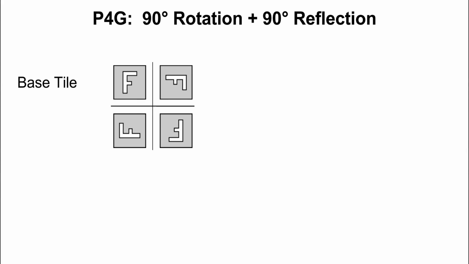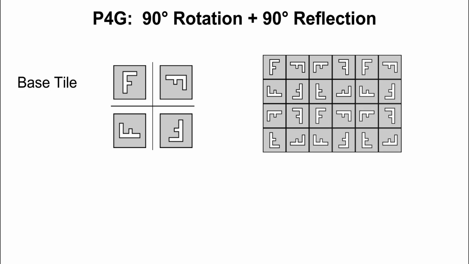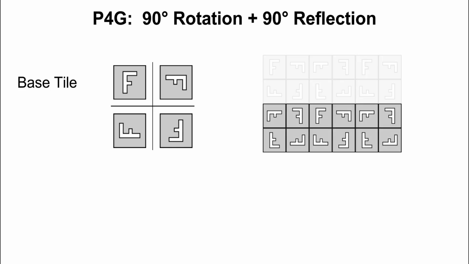P4G symmetry includes translation, 90 degrees rotation, and 2 reflections. If this is the base tile, then this is the pattern we get after 90 degrees rotation. If we mirror this block horizontally and vertically, we get the P4G symmetry. In this pattern, rows and columns work differently. For example, this is row 1, and this is row 2.